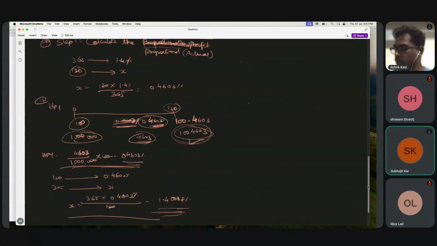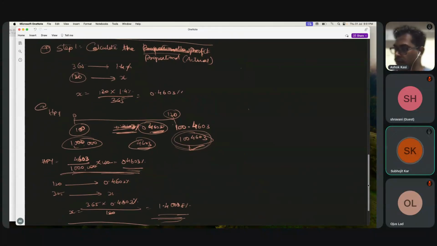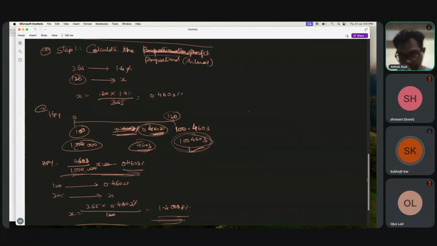Correct. Add-on means this profit is based on the present value. Present value will be 100. If it was 100, we got 0.4603 profit. In discount, we take the base as FV. The discount is based on the future value. Add-on is based on the present value. Can you go back to the previous sum?